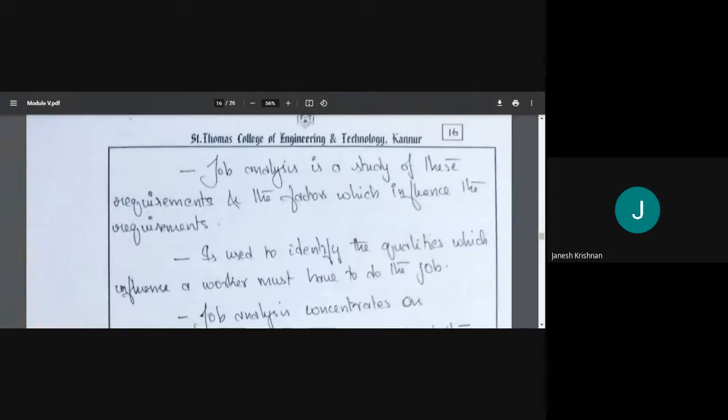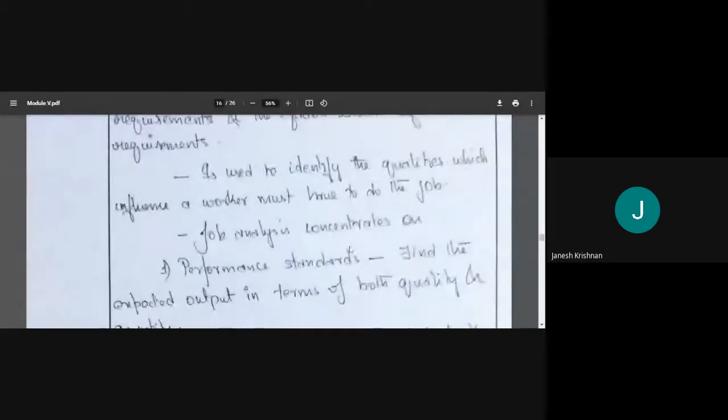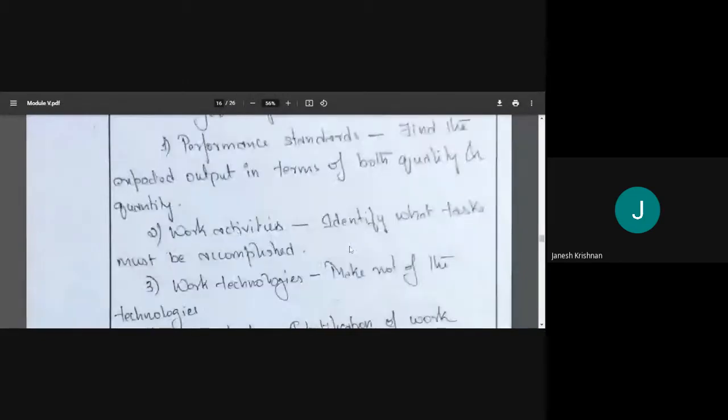And what are these requirements? Requirements are the basic things which have to be met by a worker to perform a job, right? With that, we can identify the qualities a worker must have. Job analysis concentrates on certain parameters. The first one is performance standards.